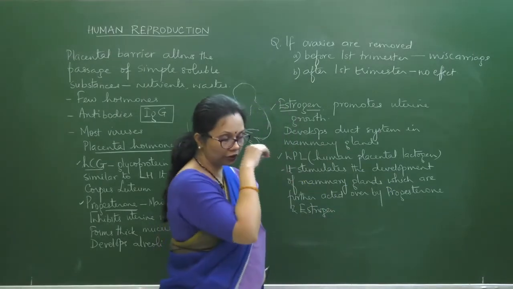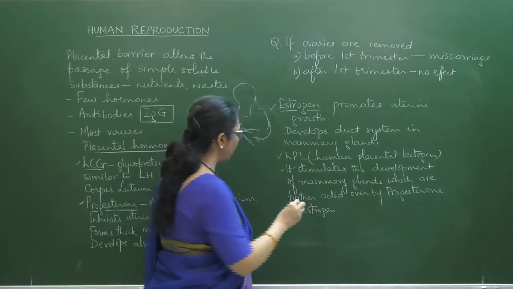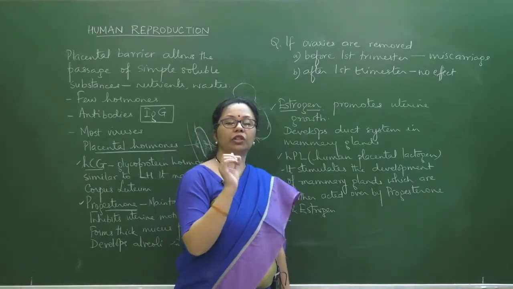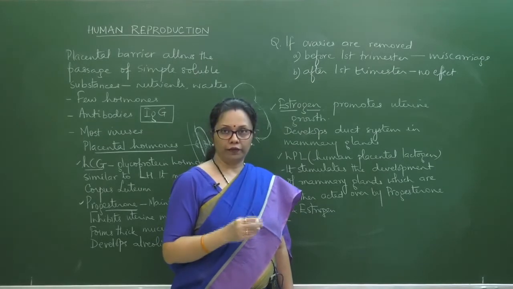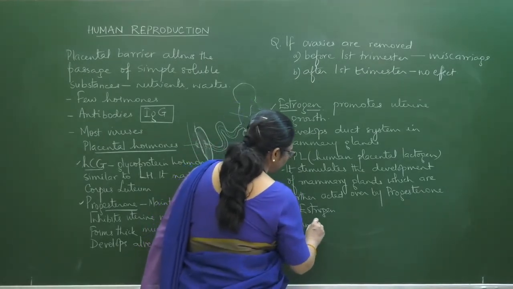So you can imagine this is prolactin here. Another important function this HPL has, which is not mentioned in your NCERT, is that it is also an important growth hormone. The fetal growth is because of this. So this one stimulates fetal growth.